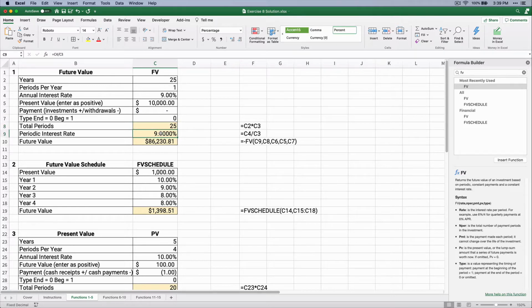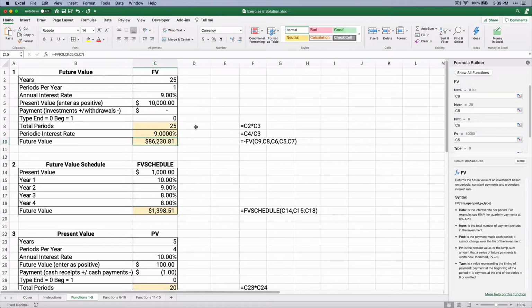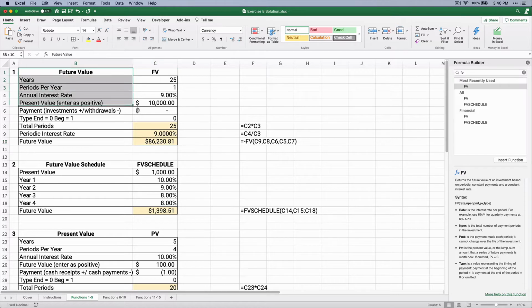You can get 9% is our interest annually and as a periodic rate. So that one investment, $10,000 present value, can grow to $86,000 in 25 years. So you can do that all the way through. This calculates lots of different things on future value. This is one of the most basic things that you'll do in time value of money. This is why you invest, to hope for a larger sum in the future.